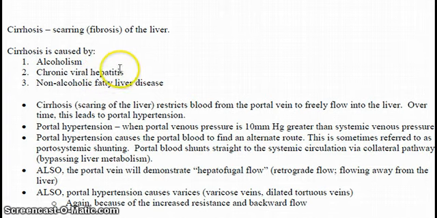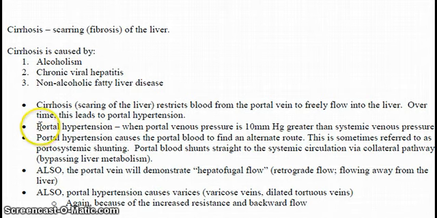That chronic inflammation causes the liver tissue to eventually turn into scar tissue, and then there's what's called non-alcoholic fatty liver disease, or non-alcoholic cirrhosis. So this scarring of the liver that happens over time eventually restricts blood from the portal vein from freely flowing into the liver. So over time, this leads to high blood pressure of that portal system, or portal hypertension.